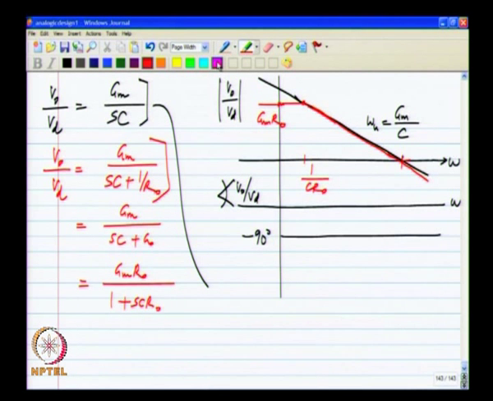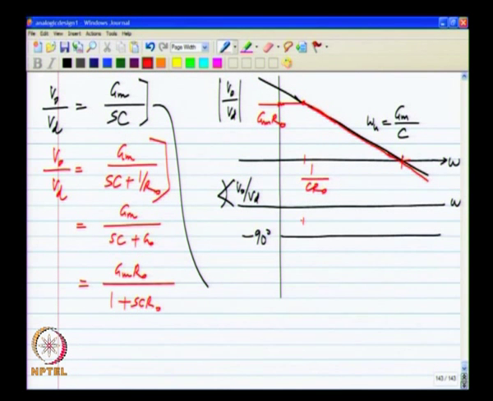So, the magnitude response of the non-ideal op amp is a constant Gm R naught up to a frequency 1 by C R naught. After that it follows the same frequency response as that of the ideal op amp.